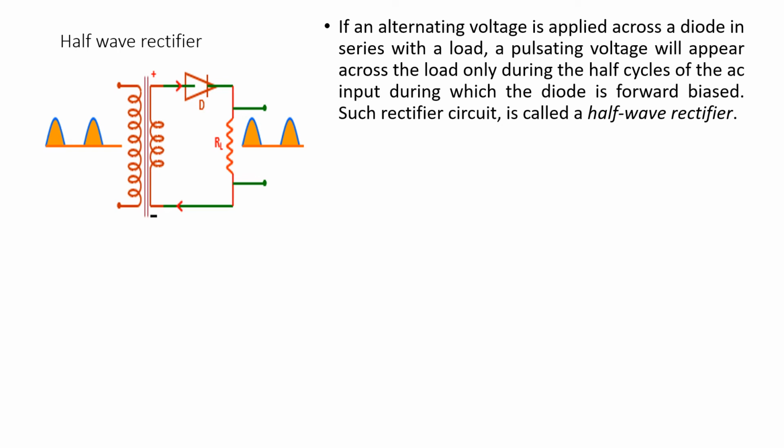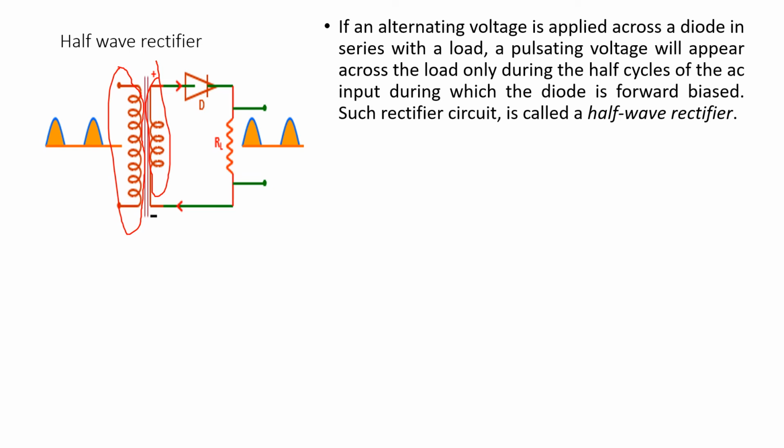Now, the half-wave rectifier. In the figure, a transformer is shown. This is the primary winding of the transformer and this is the secondary winding. To the primary winding, we apply an alternating voltage, that is, a full cycle of voltage.